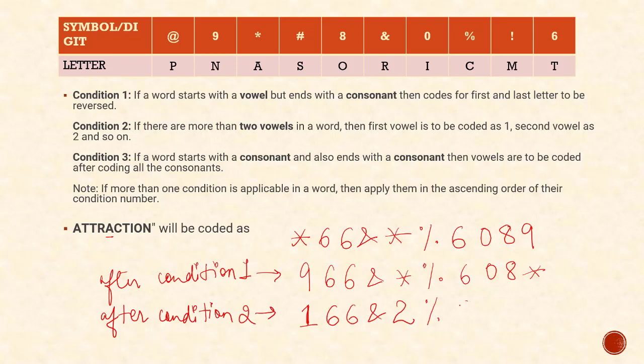Percentage, 6. Then I and O, they would be coded as 3 and 4. And then star. This is the final code for the word attraction using the given matrix and the given conditions.